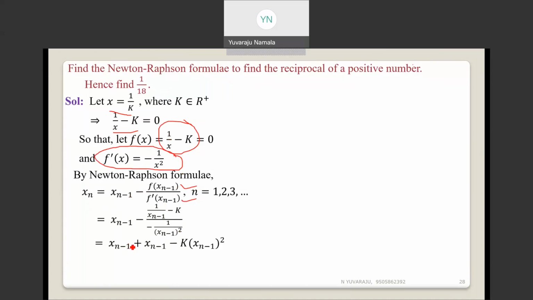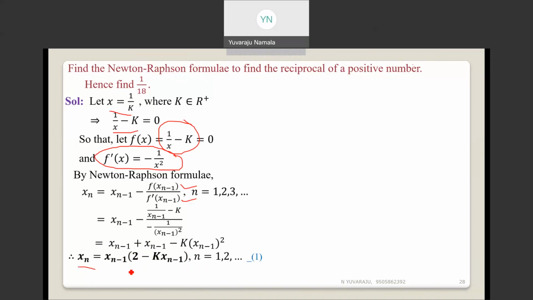Simplification here: xn minus 1 plus xn minus 1 minus k into xn minus 1 whole square. Xn minus 1 is common, so it is xn minus 1 into 2 minus k into xn minus 1, with n is equal to 1, 2, 3.